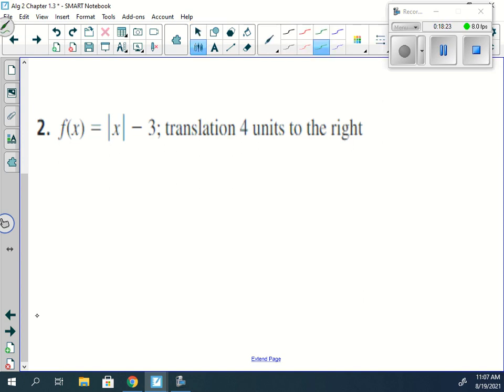Number 2, we want to translate this function 4 units to the right. You have a guess? Yeah. Because again, we're doing f of x minus h, which would be our f of x minus 4, and it'd be minus 4 since we're moving to the right.